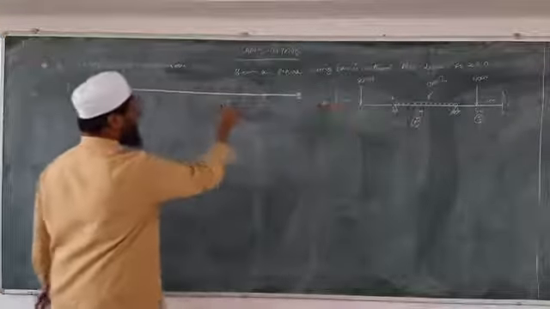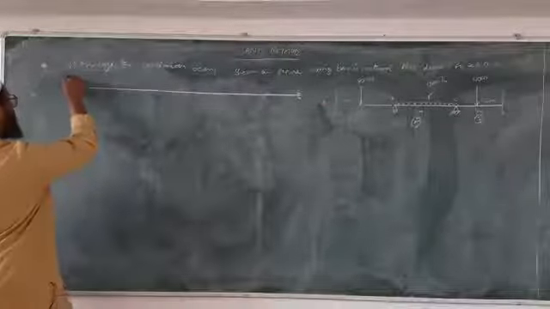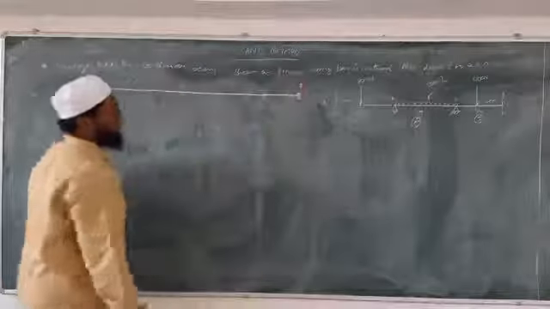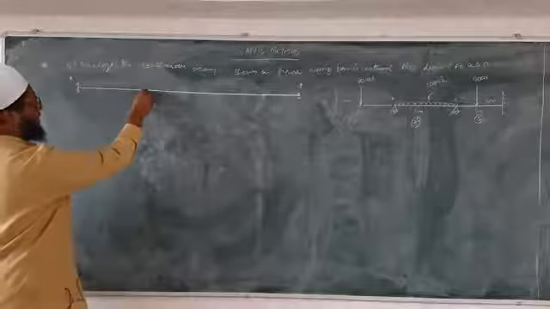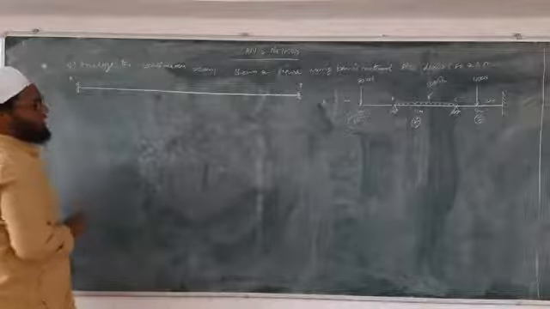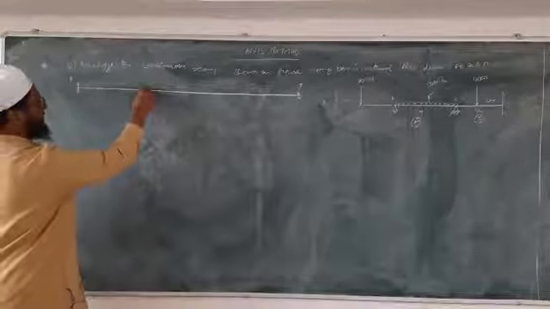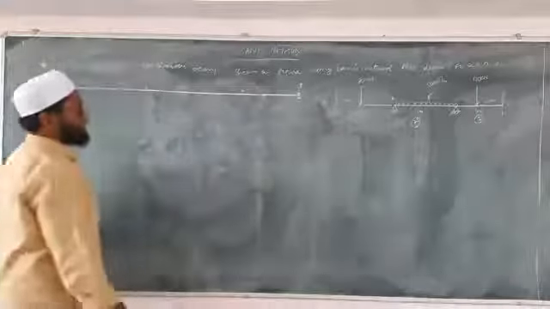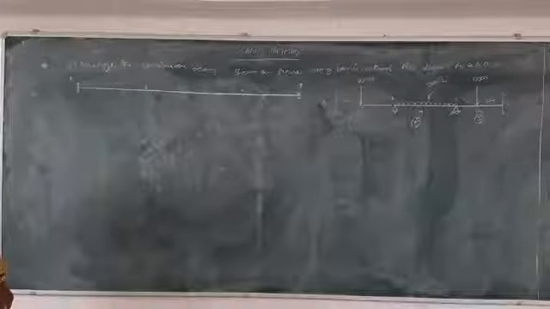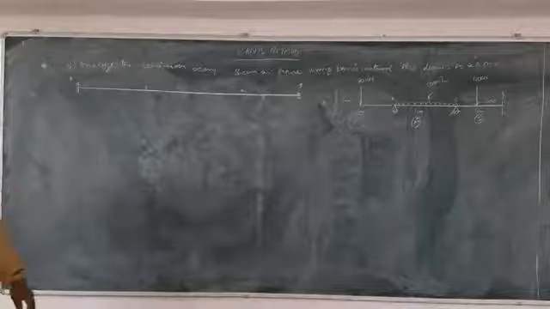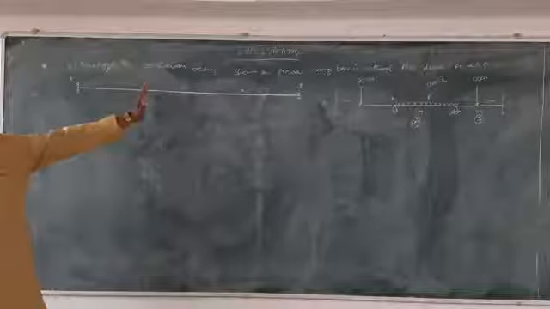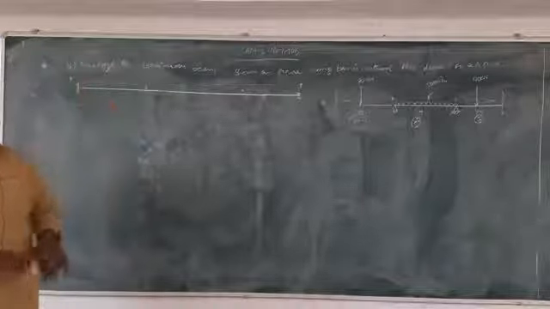The same beam I am drawing here. So this is point A, this is point D, right? Then we have joint B and another joint, that is C. Okay. And what are the fixed end moments we got for AB, BA, BC, all those values?